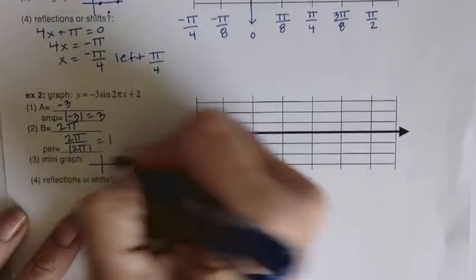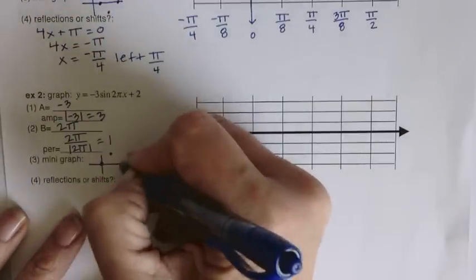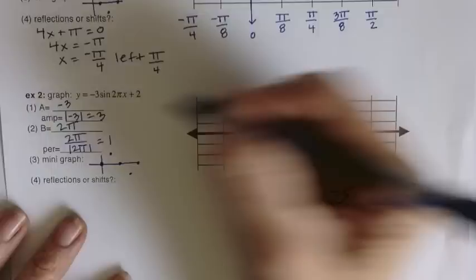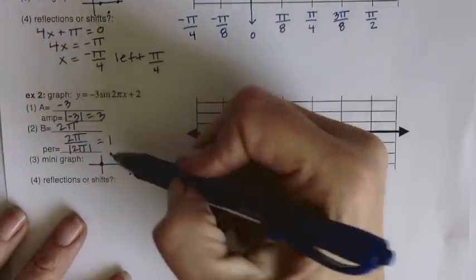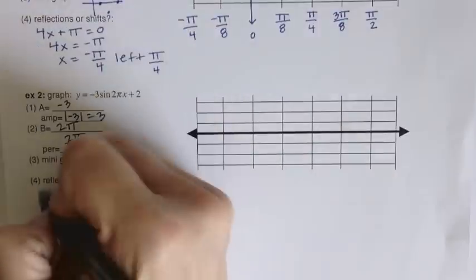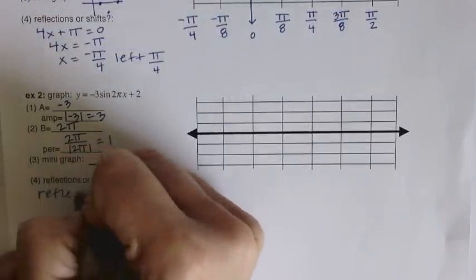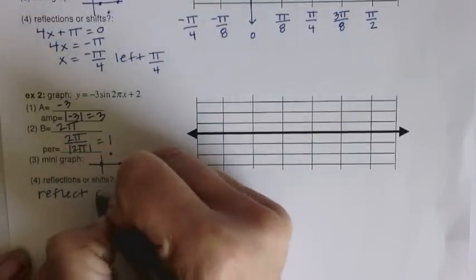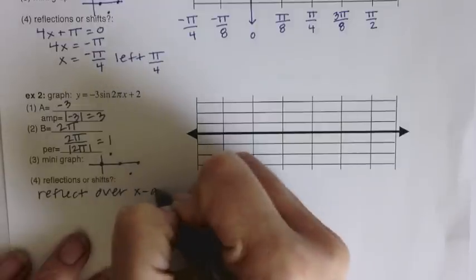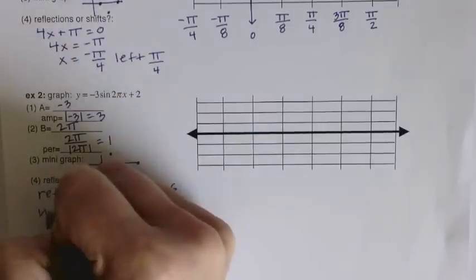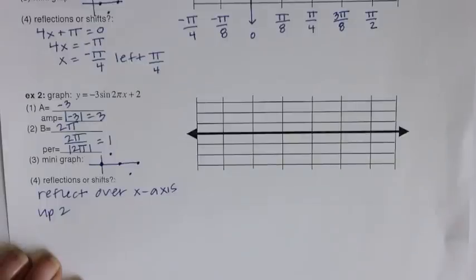My mini graph, it's sine, so it has 3 x-intercepts and then 1 max and 1 min. And reflections, it's going to reflect about the x-axis, and it's going to go up 2 because of that 2 right there. It's not grouped in with the x.